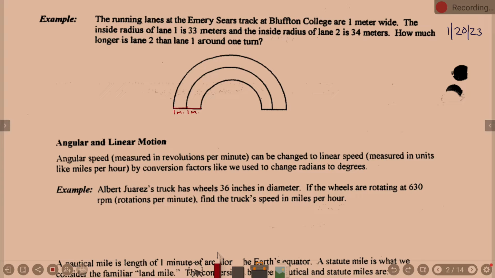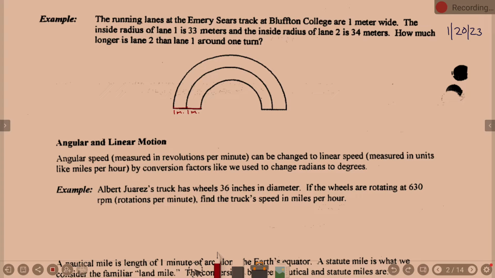The inside radius of lane 1 is 33 meters. Thoughts here? What do we mean radius? What's radius normally? From the center of the circle to the edge of the circle, right?